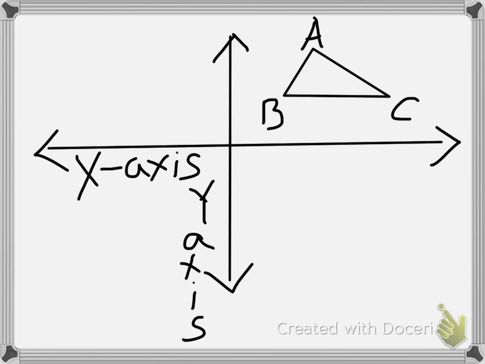Now, can you imagine what will happen if you reflect this triangle ABC with respect to the y-axis? Just think for a few moments and try to figure out the answer.